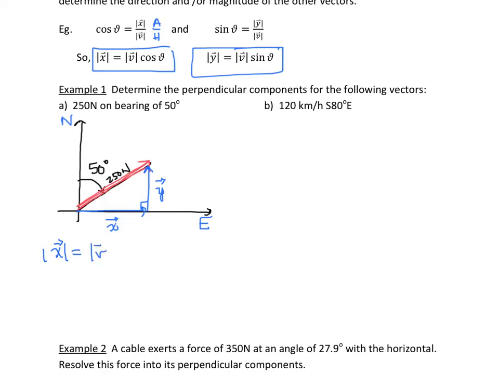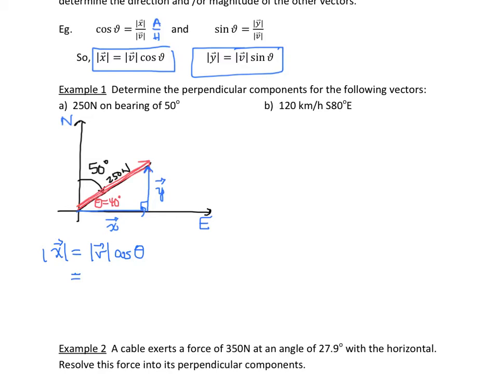We do that by taking the magnitude of our vector and multiplying it by cos theta. Now theta will be this little angle inside our triangle. If the vector is on a bearing of 50 degrees, then the angle inside the triangle would be 40 degrees. In other words, they're complementary angles, so they have to add up to 90.